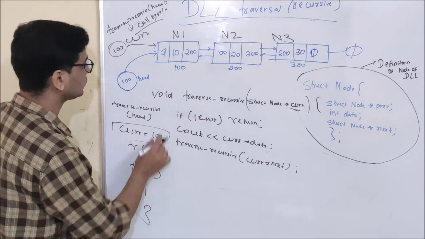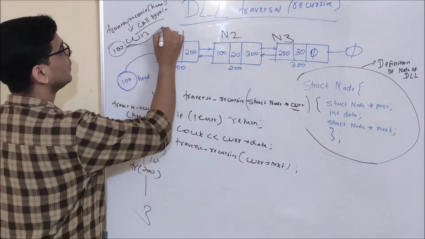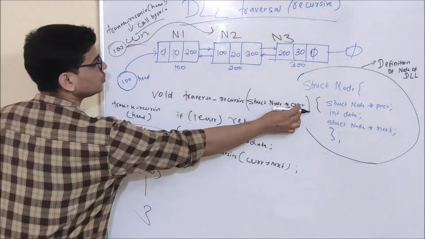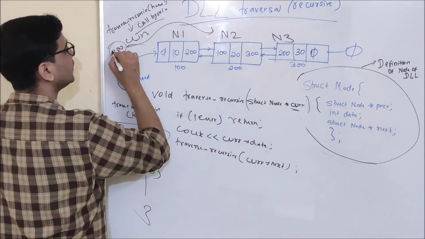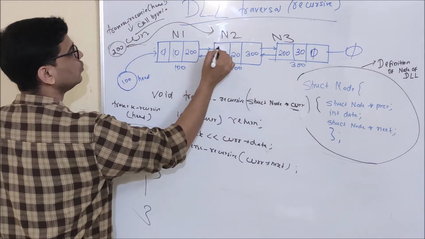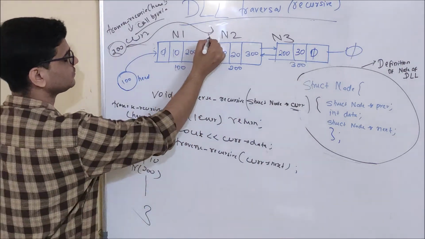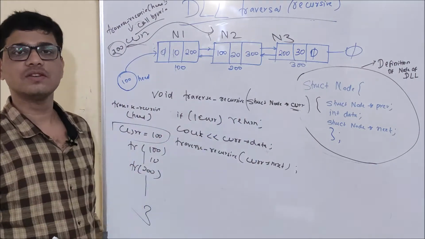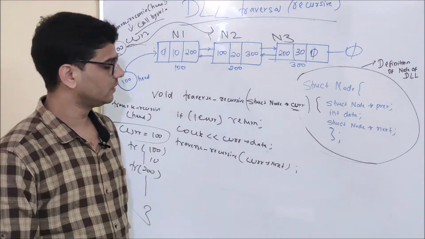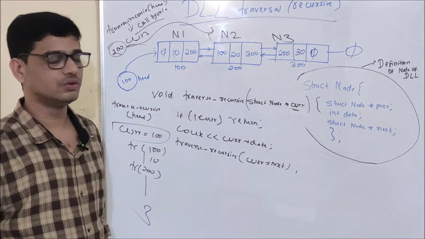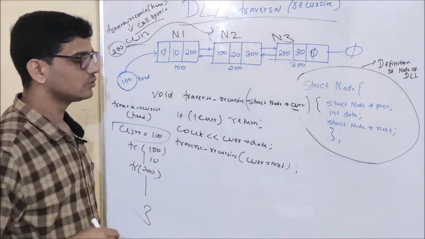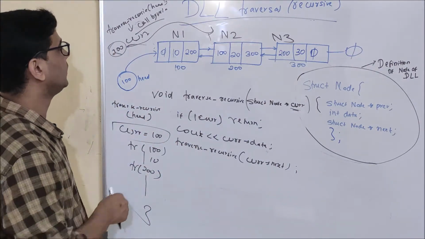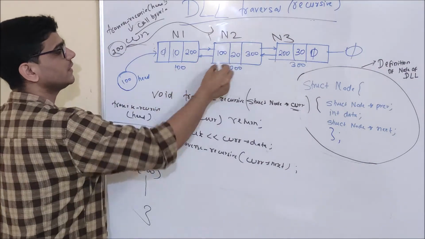And when traverse recursive 200 will be called, this current will be equal to 200 and it will start to point to node 2. Okay. Again this if check will be done. Our current is not null. So these two lines will execute. So first of all, current dot data will be printed, and now current is 200, so data part.